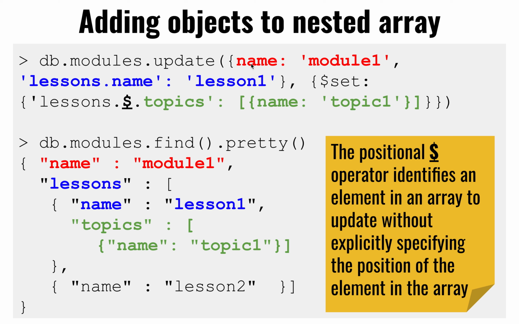Notice how this works. It says, I'm going to update the module whose name is module 1. And lessons is an array. I can refer to fields in the objects of that array. Dot name. What is that going to do?